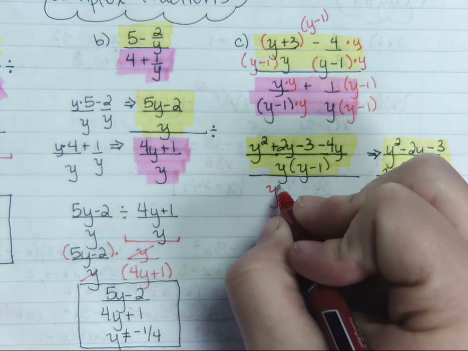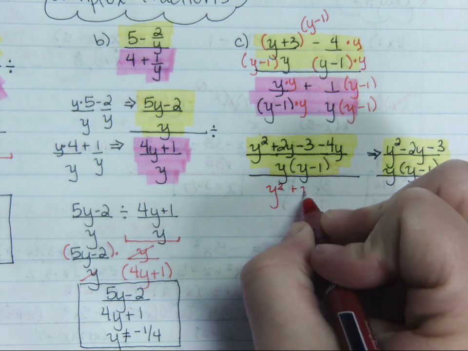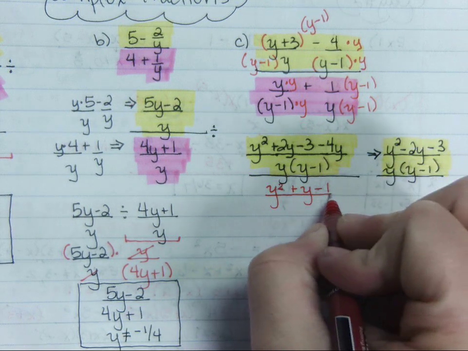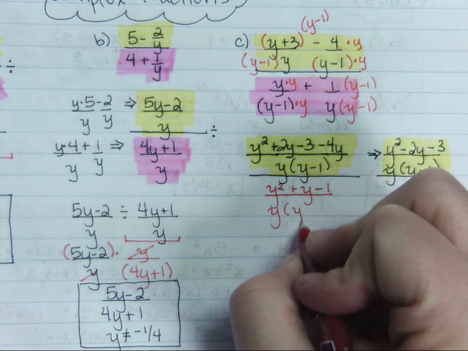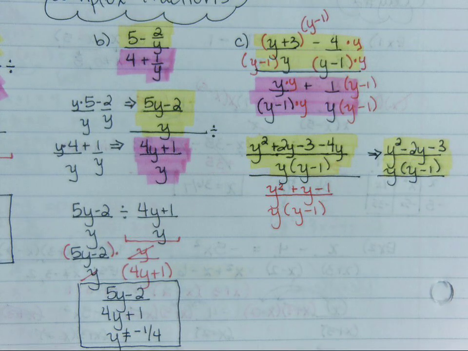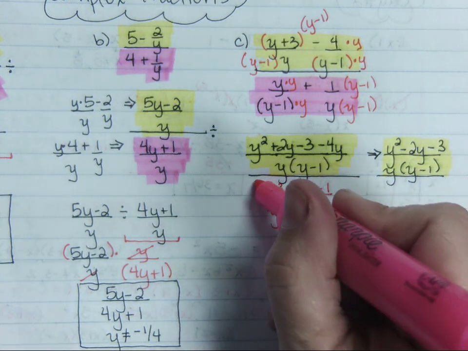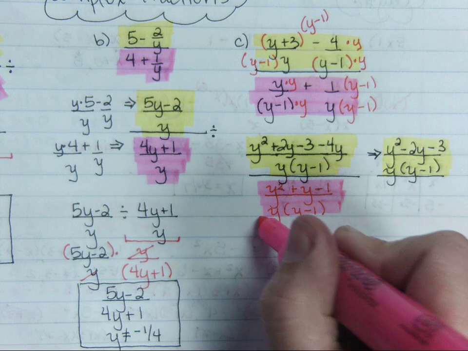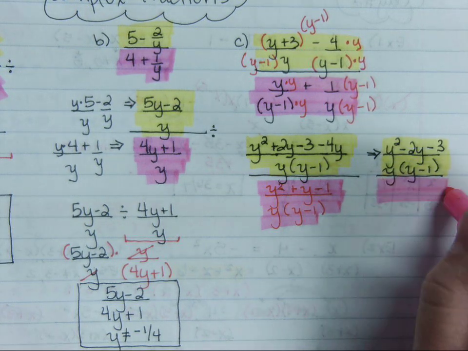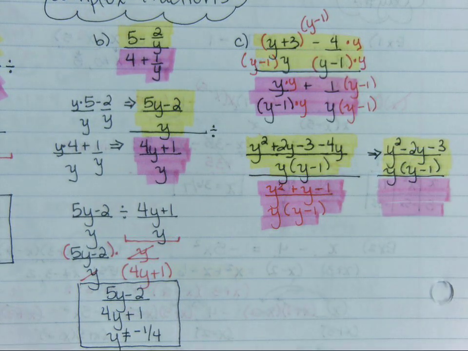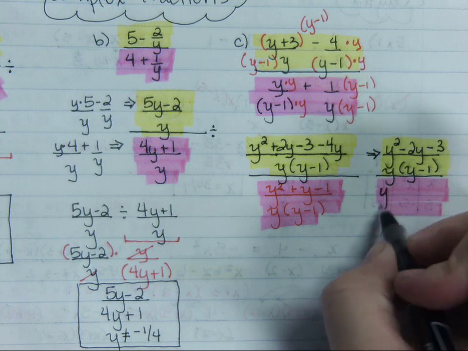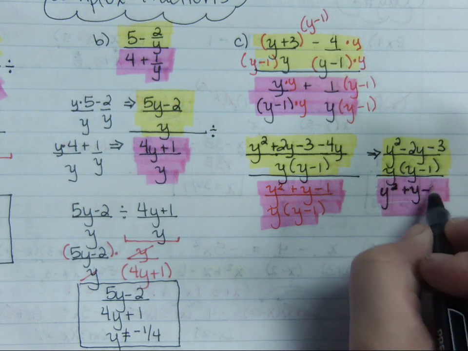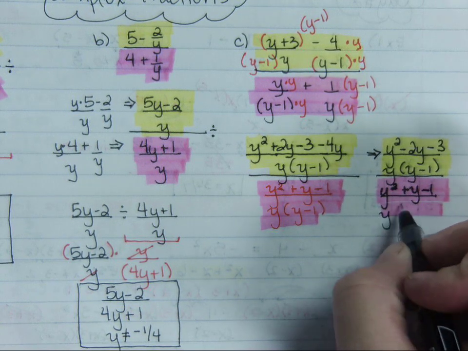I get a y squared plus y minus 1, and that's over that denominator. And what I can see is that I actually have already simplified that one down. y squared plus y minus 1 over that denominator.